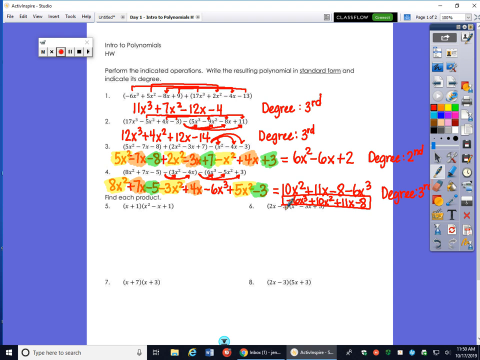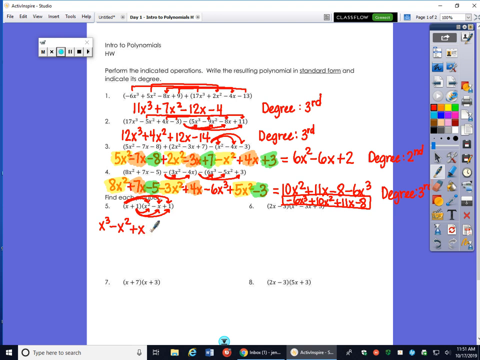All right, number 5, it asks you to find the product. So we are going to distribute that, and we're going to distribute 2 terms from the binomial to the 3 terms of the trinomial. So x times x squared is x cubed, x times negative x is negative x squared, x times 1 is x. Those are the first 3.